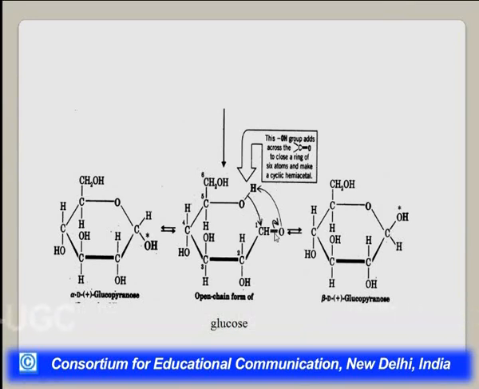This double bond, or we can say pi electrons, get attracted by the more electronegative oxygen atom, so the carbon becomes electrophilic in nature, and this oxygen, containing a lone pair of electrons, behaves as a nucleophile, forming this kind of cyclic structure.